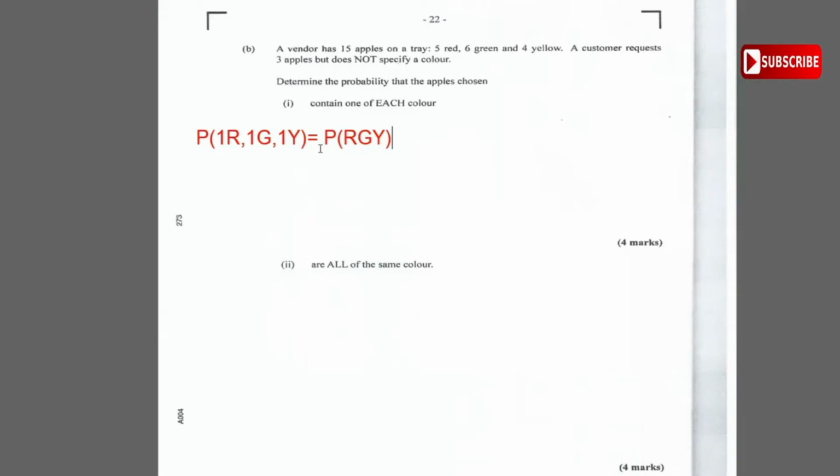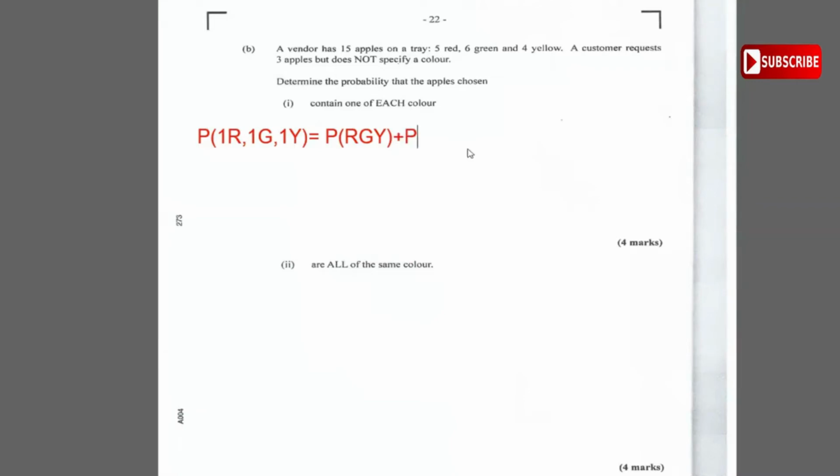Chances of getting 1 of each color should be pretty high. Let's say you get the red now. Oh, this is not finished yet. All right, let's fix this. So it's equal to the probability of getting a red, a green, and a yellow.